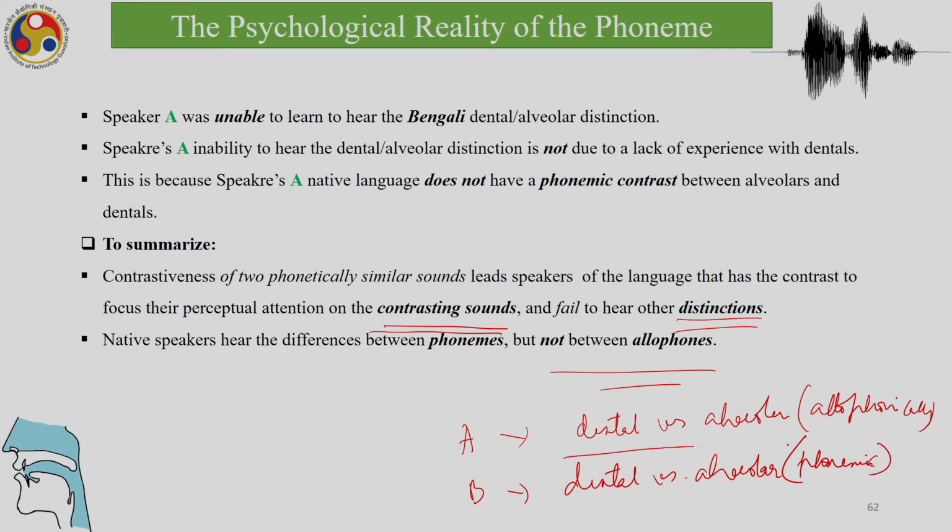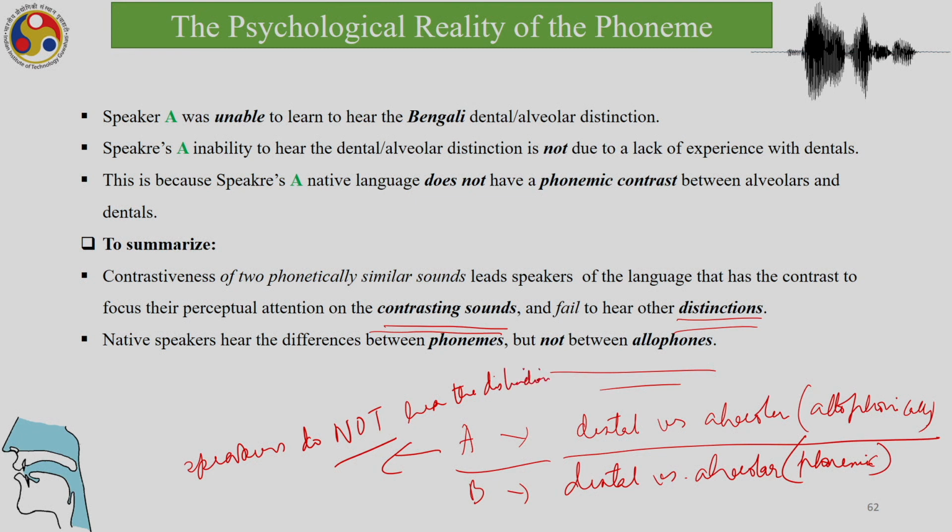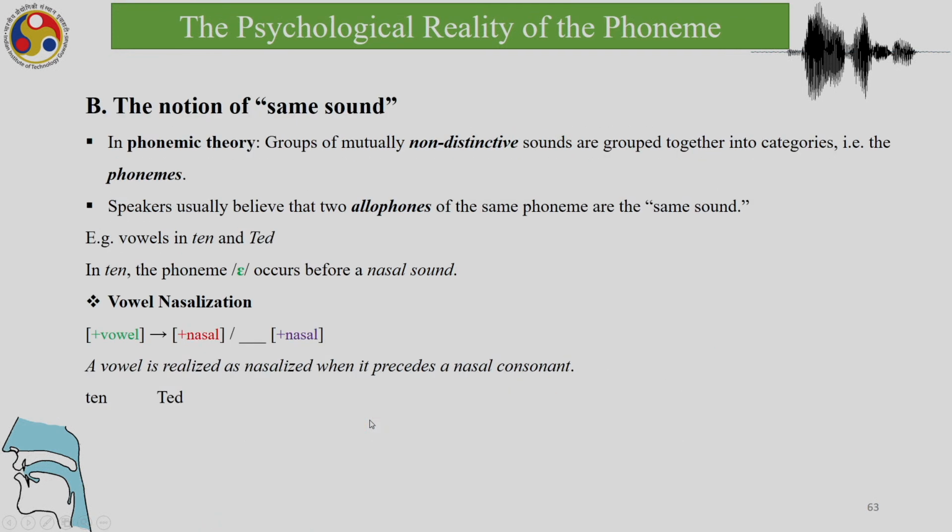So when it is allophonic, speakers do not hear the distinction. And when it is phonemic, speakers tune themselves to concentrate on the difference, and they are perceptually tuned to hear the difference.